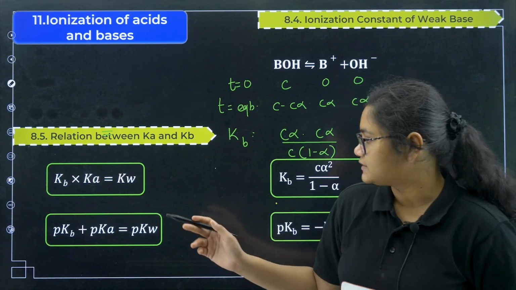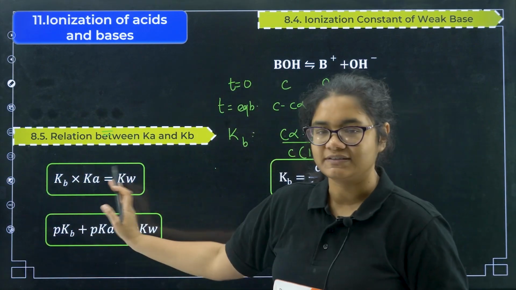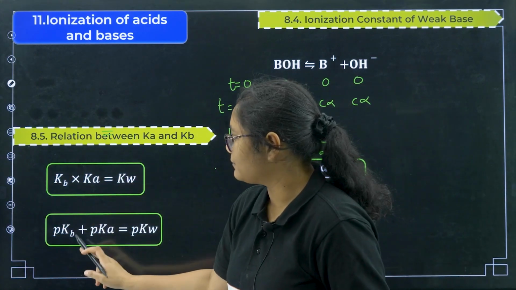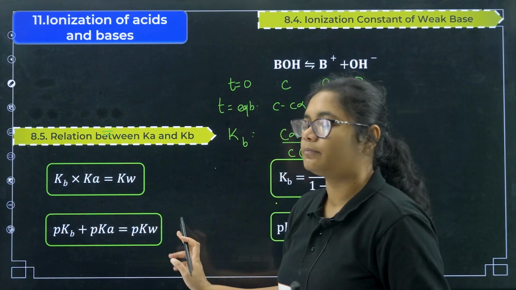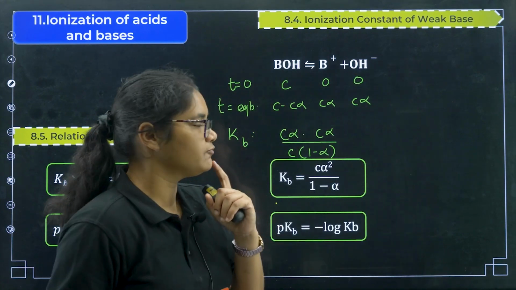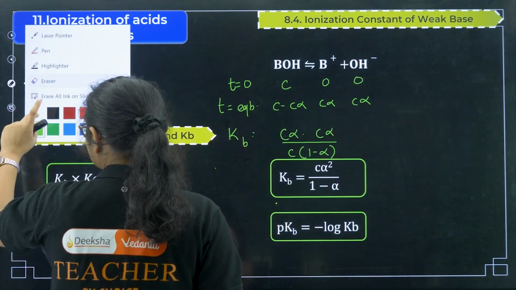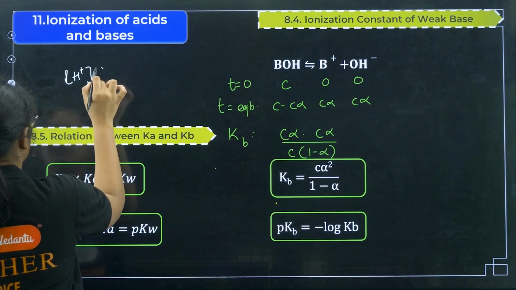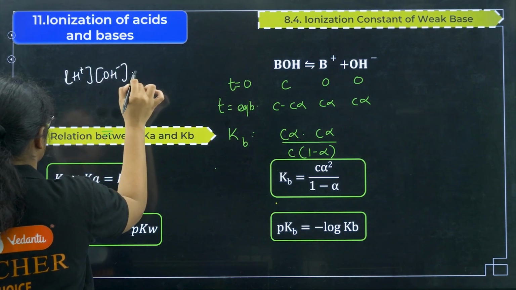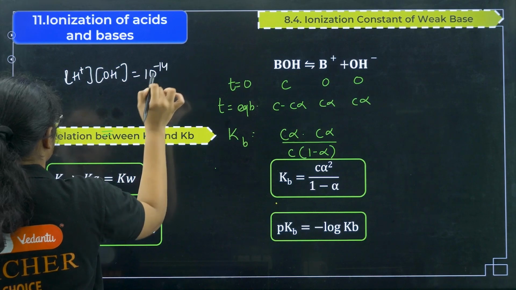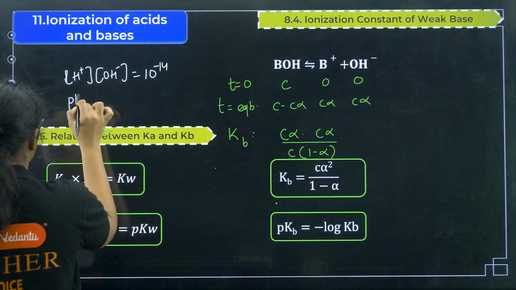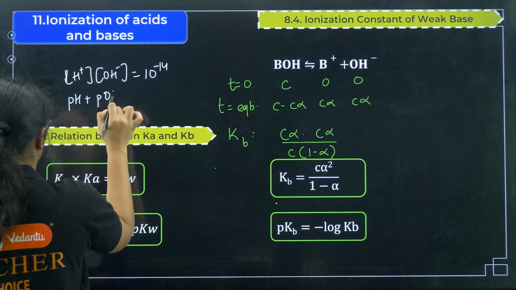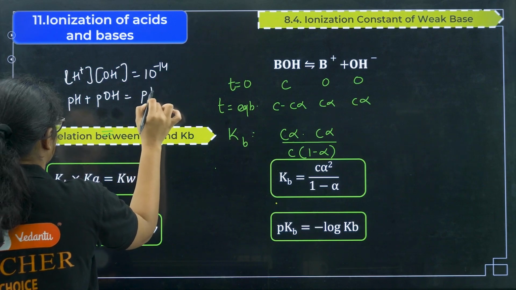If we just take the negative logarithm on both sides, then we will get pKb plus pKa is equal to pKw. So till now, what formulas have we seen about pH? The first one we got is H plus concentration into OH minus concentration is equal to 10 to the power of minus 14. Similarly we got pH plus pOH is equal to pKw.